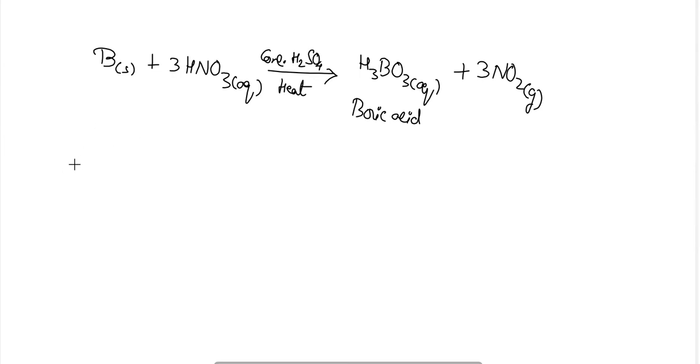Boron can also react with fused caustic alkalis like NaOH or KOH. Okay, fused means they must be in their molten state. In their molten state only the boron will react with them, but not in their aqueous state. They will react only in the fused state.